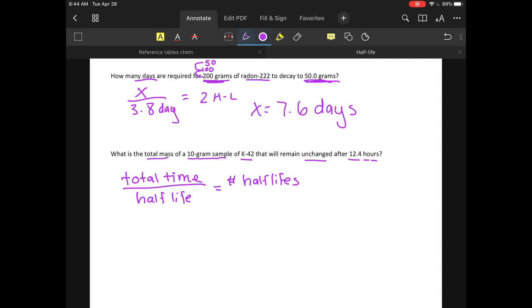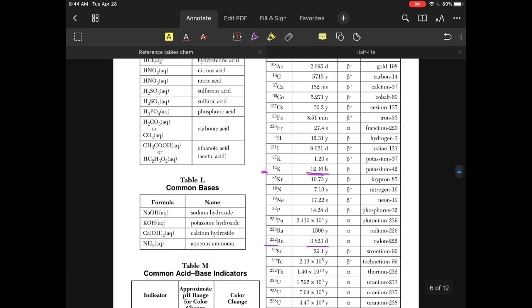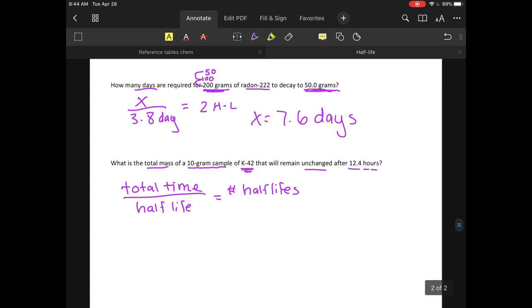Actually, I don't even really need that. So potassium-42, let's just go get its half-life. Potassium-42, we said, has a half-life of 12.36.